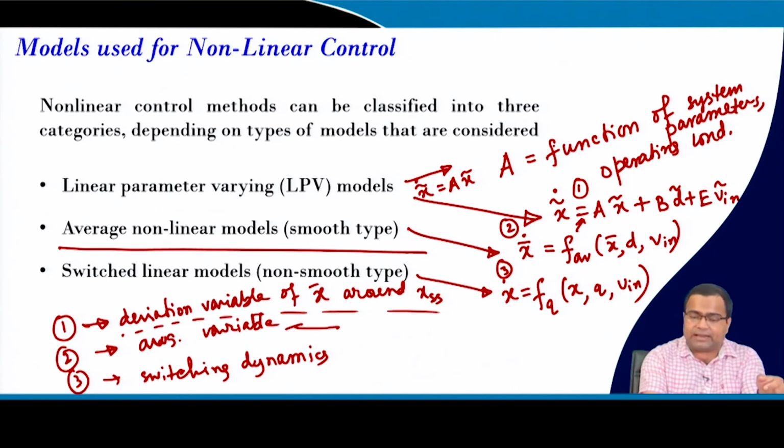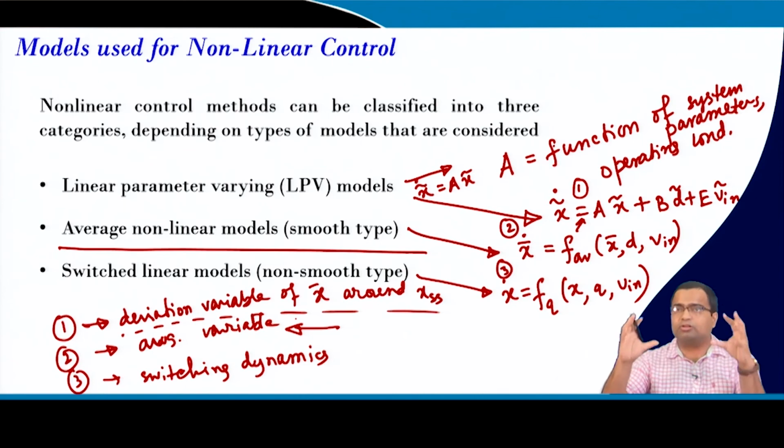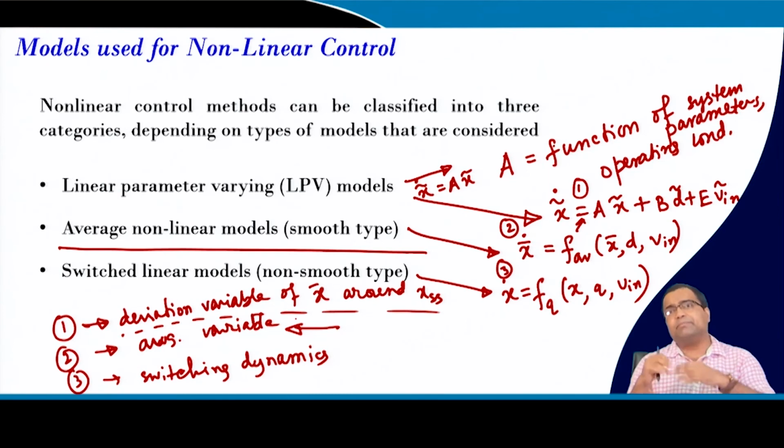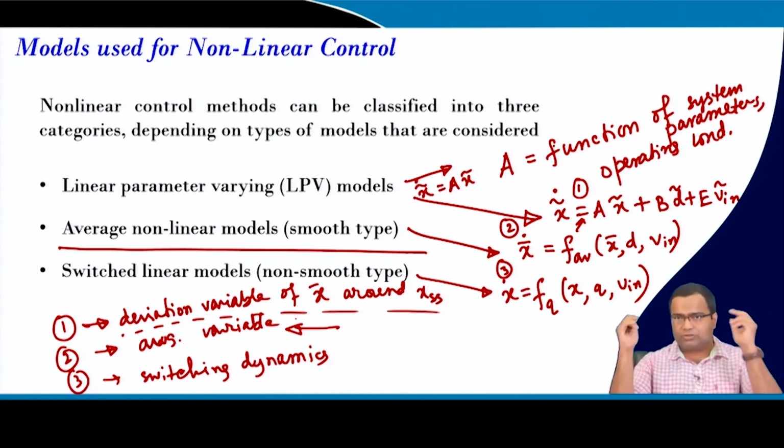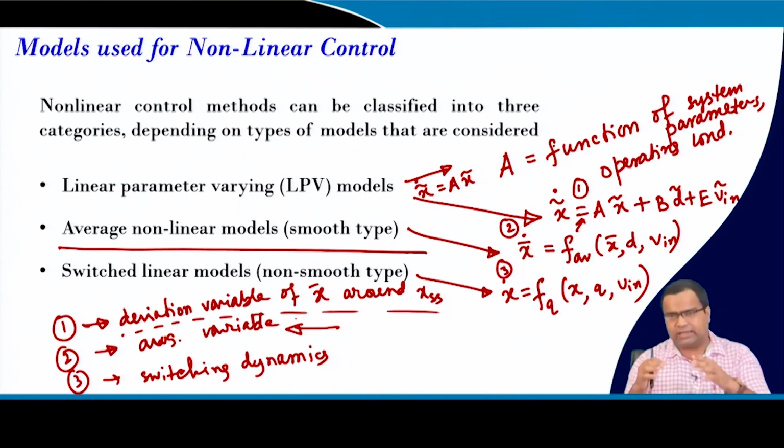This one is better than the first one, but it is a smooth nonlinear model, where you can apply traditional Lyapunov-based, passivity-based control, feedback linearization, different types of control, which may be better than linear control. But if we can tune the linear control properly, then you can get closed-loop behavior that is at least somewhat better.